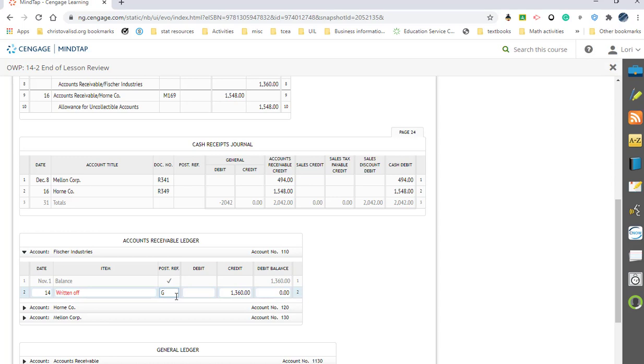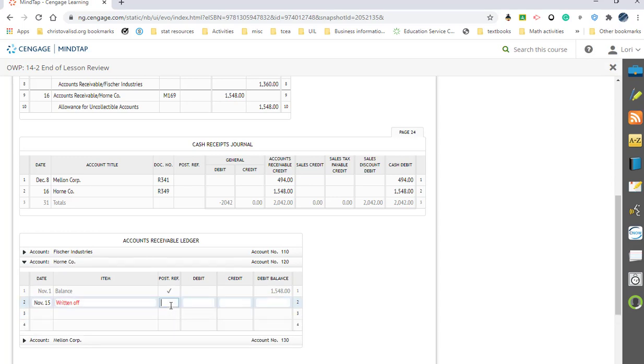That went from General 15 on the previous one. And we're going to put a credit for the amount, giving us a zero balance.